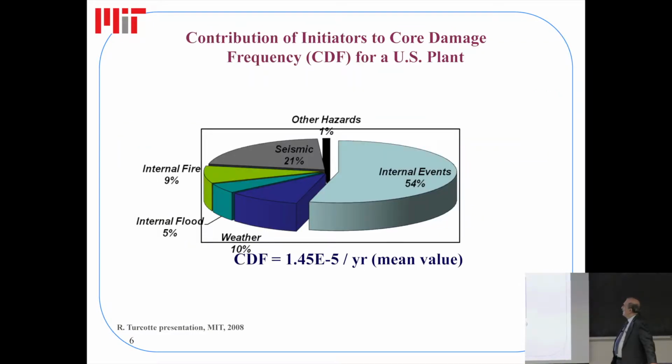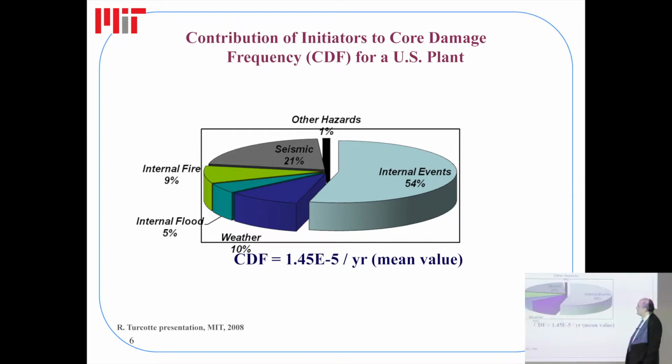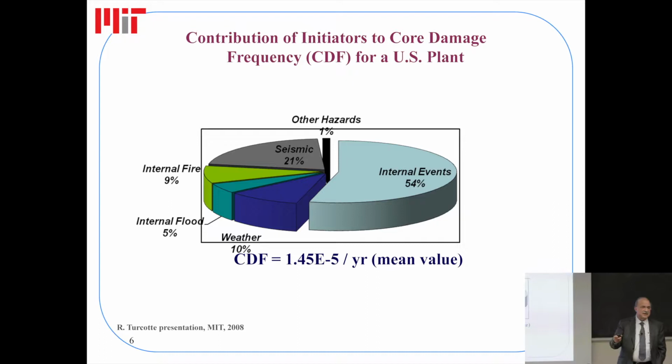Just to give you an idea of what results risk assessment gives you for a nuclear plant, this was in the Northeast, and this pie chart shows you the percentages in terms of the initiator of the accident. Okay?